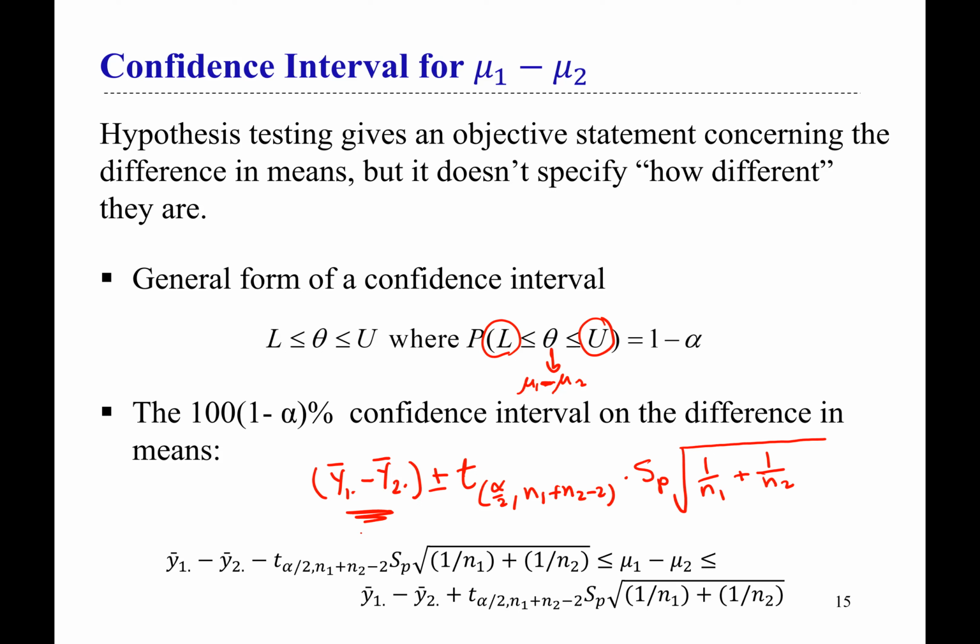The plus gives me the upper limit, and the minus gives me the lower limit. You know all these values.